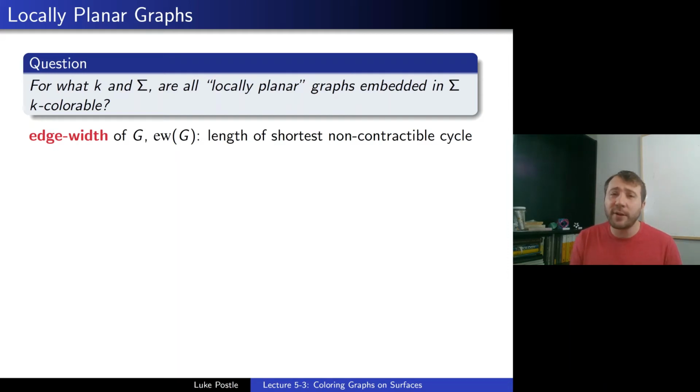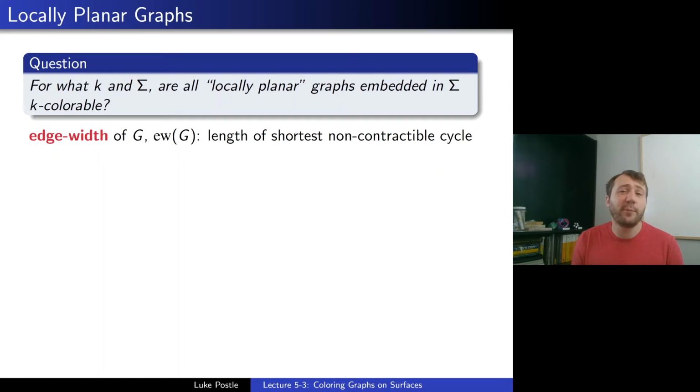And remember we talked about contractible cycles, right? The ones that contract down to points, the ones that bound disks. Well, a good way to view how much a graph uses the surface is by its non-contractible cycles, those cycles that go around the handles and the cross-caps and such. And so if we take the length of the shortest one, having large edge width would be the same as being more locally planar.